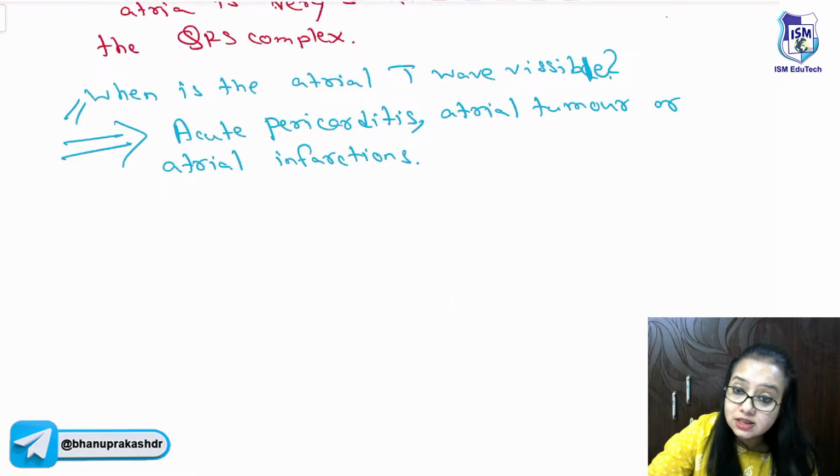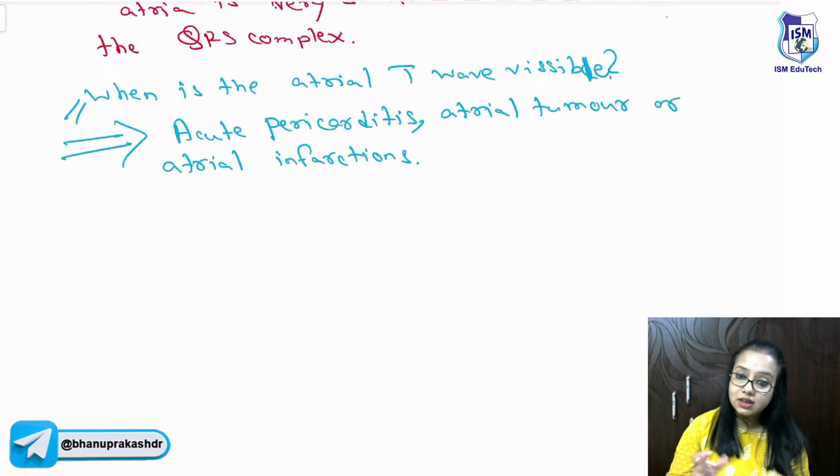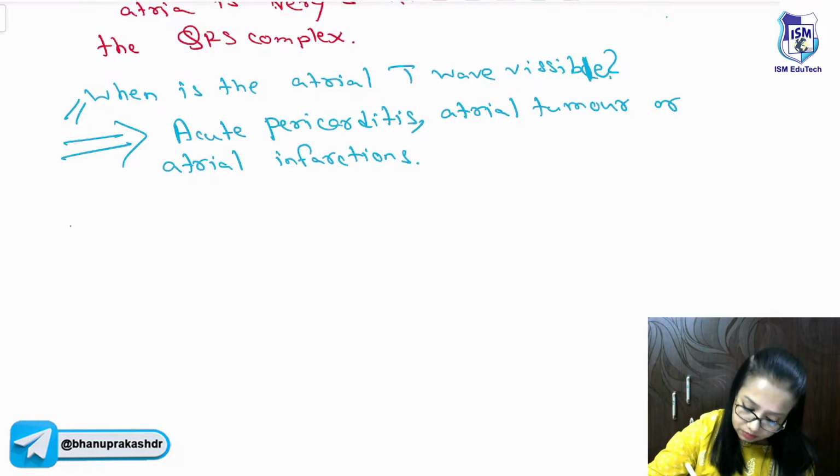So in these clinical conditions, we will get the T wave, that is the repolarization of the atrium. If there is a repolarization wave of the atria, it is always abnormal and it will always be due to some clinical condition or the other.